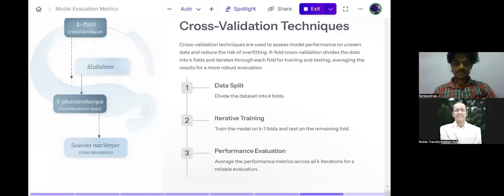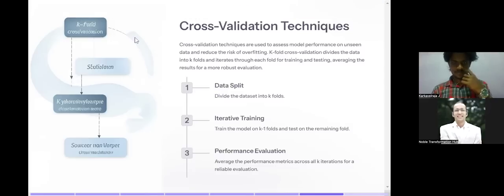So I'm giving a bigger example you can relate to. In the same way, the cross validation technique gives a better performing model because it will help optimize the evaluation and give a more robust evaluation, and there will be better performance.